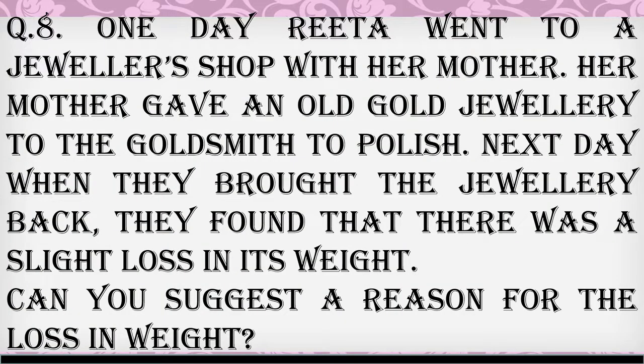Question number 8. One day, Rita went to a jeweler's shop with her mother. Her mother gave an old gold jewelry to the goldsmith to polish. Next day, when they brought the jewelry back, they found that there was a slight loss in its weight. Can you suggest a reason for the loss in weight?